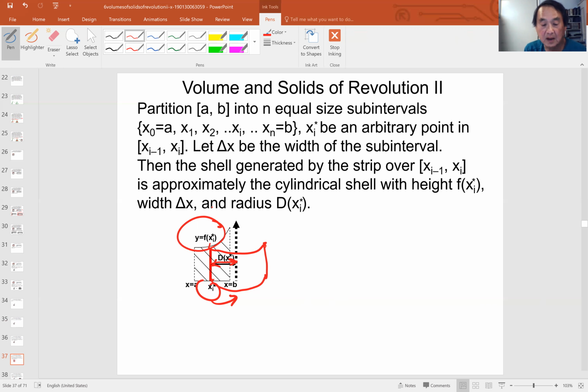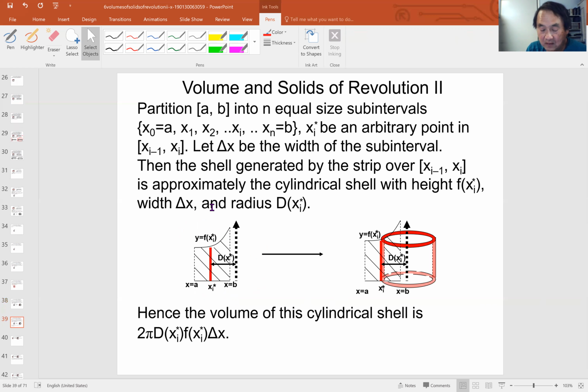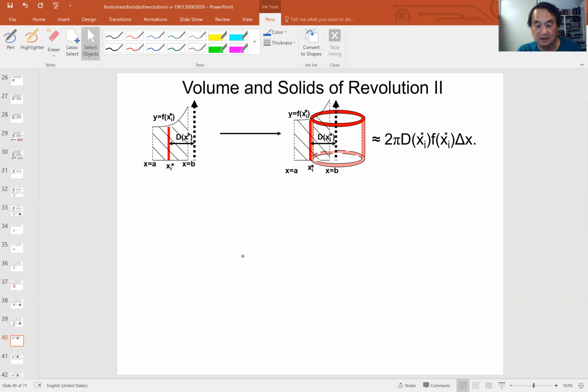The height is just the function f of x. And then you have the thickness delta x. So as it goes around, the volume of this very thin shell is the surface area times the thickness of that very thin shell.